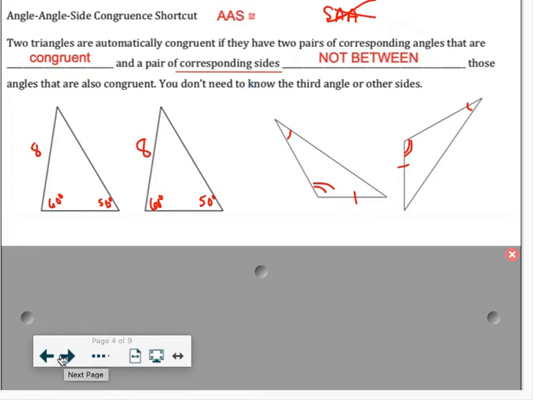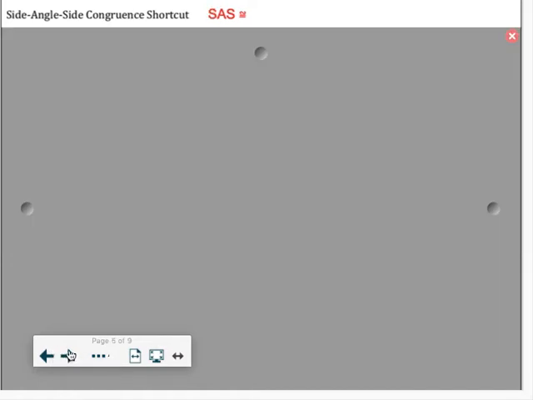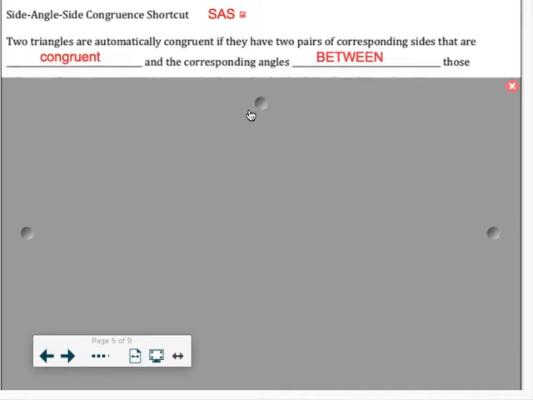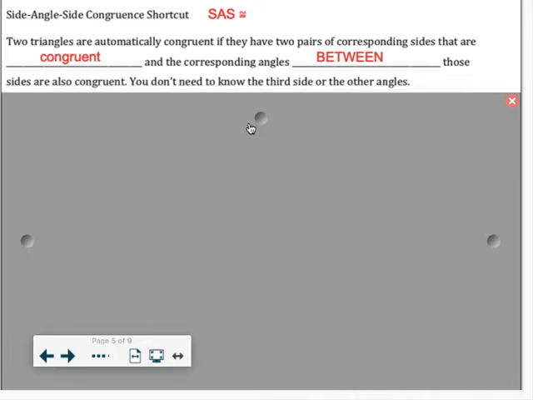And our next shortcut is side, angle, side. That formal definition is two triangles are automatically congruent if two pairs of corresponding sides are congruent and the corresponding angles between them are congruent. So we have two pairs of sides and an angle between them.